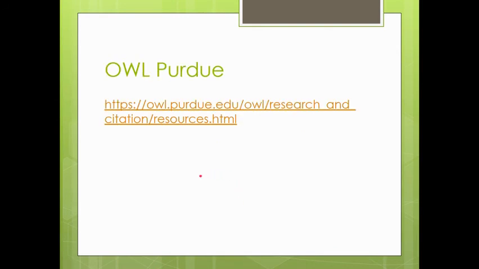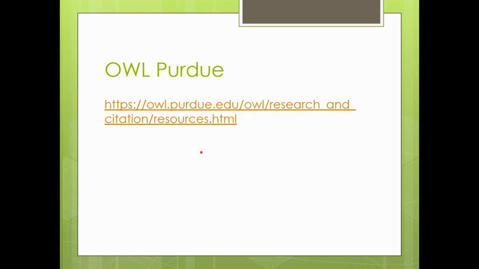Okay, a great resource if you're not sure how to cite a particular website or article or video or source is the Purdue OWL. With this video, I will be uploading the slides that I'm going over right now, and you will have this link on the last slide.